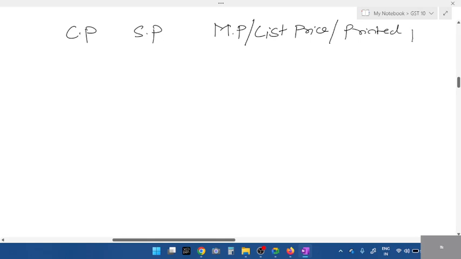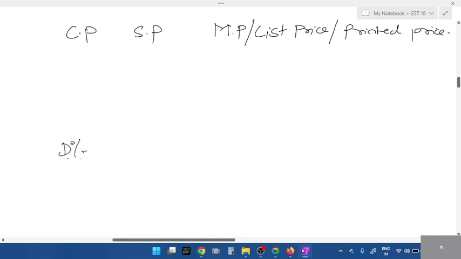Before doing that, you should understand this part. Look here: cost price, selling price, mark price. The difference between these three: listed price, list price, printed price. Okay.